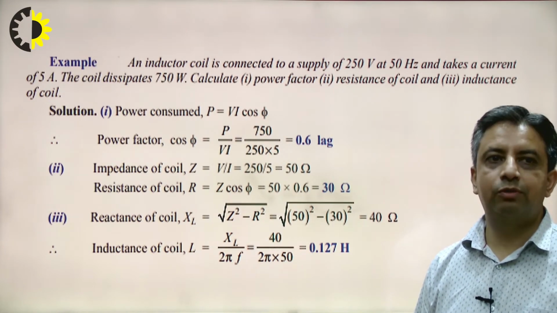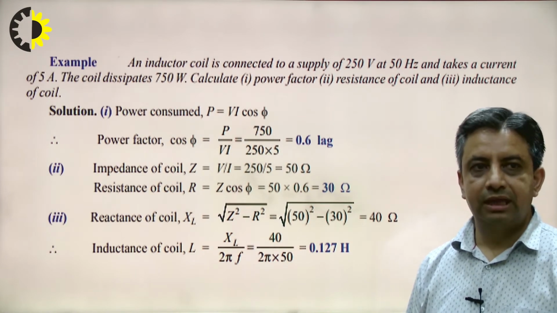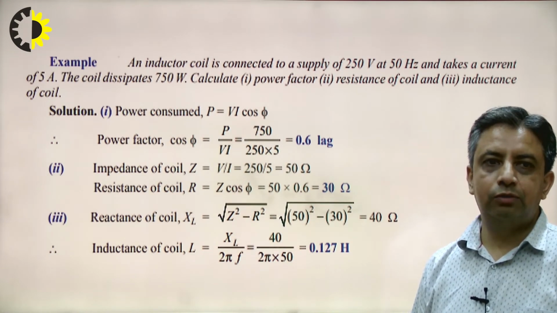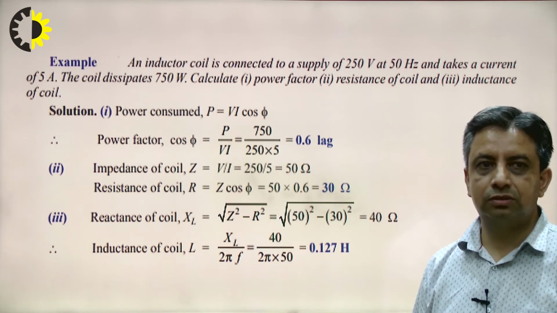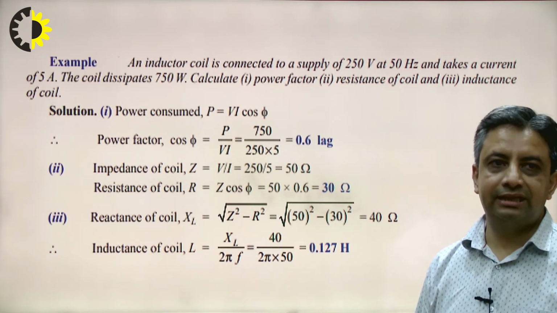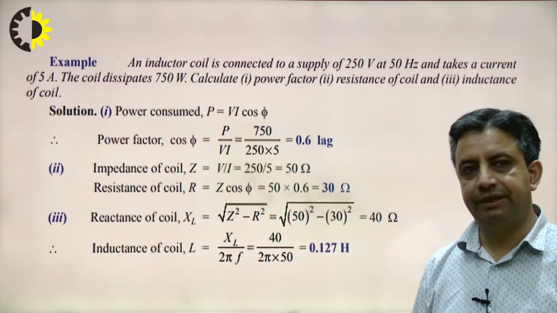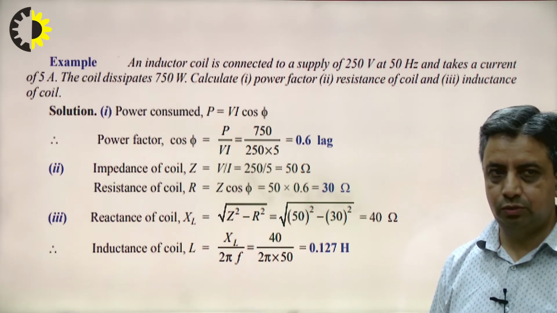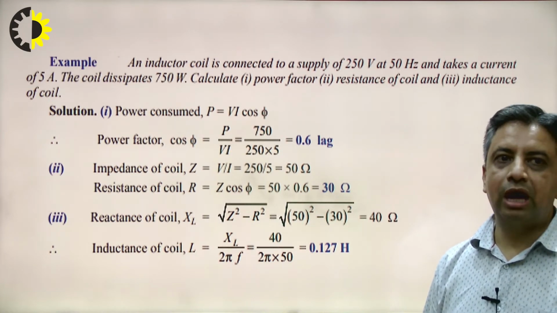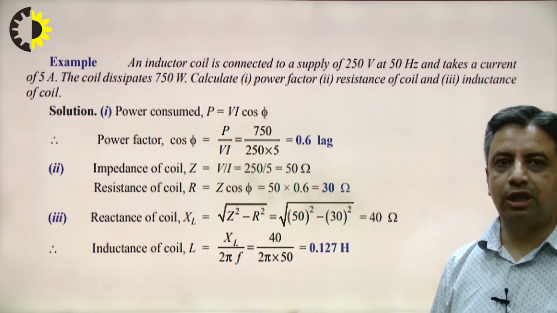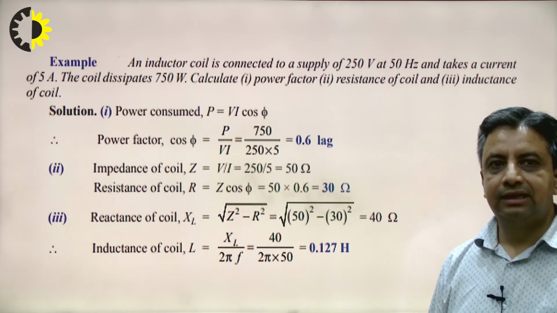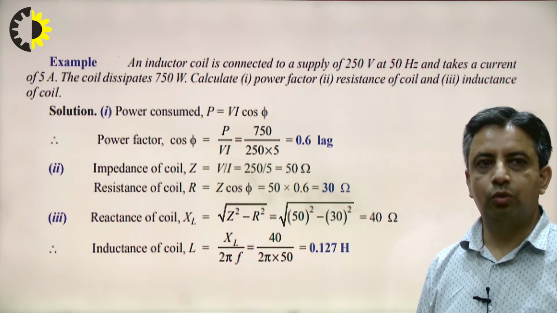So it will be equal to 50 into 0.6, so it will be 30 ohm. And reactance you can calculate using this expression also, or you can use another expression, again using the impedance triangle, XL is equal to Z sin phi. By using either of the two formulas you should get the same answer, that is equal to 40 ohm.